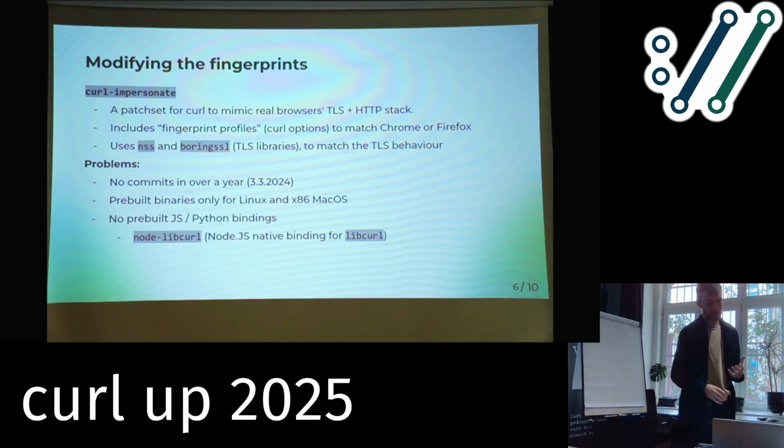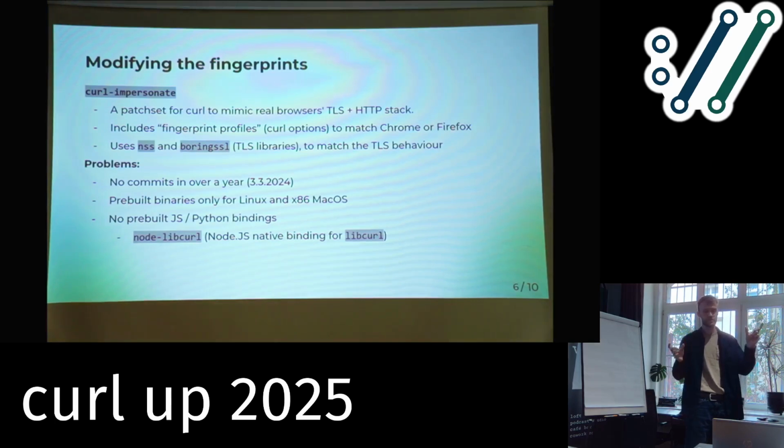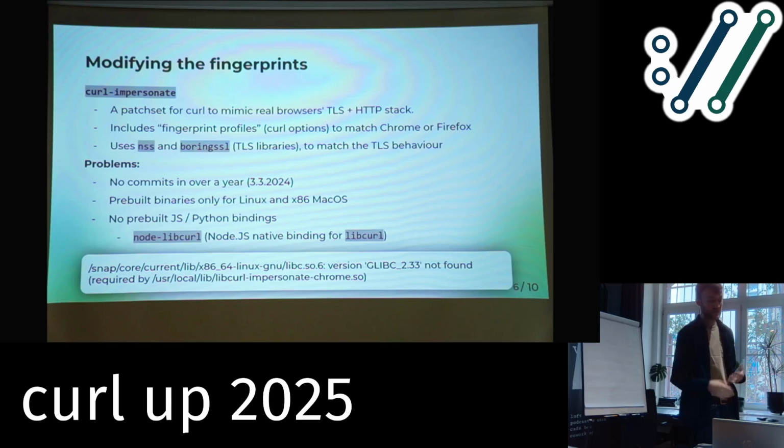And even though there is node-libcurl, the bindings for curl for Node.js, for a bit we were thinking that we can just take this node-libcurl, remove regular curl and put this patched version there, and then build it and have our JavaScript bindings. We tried that and we got something like this, which again, for you guys, it might make a lot of sense.